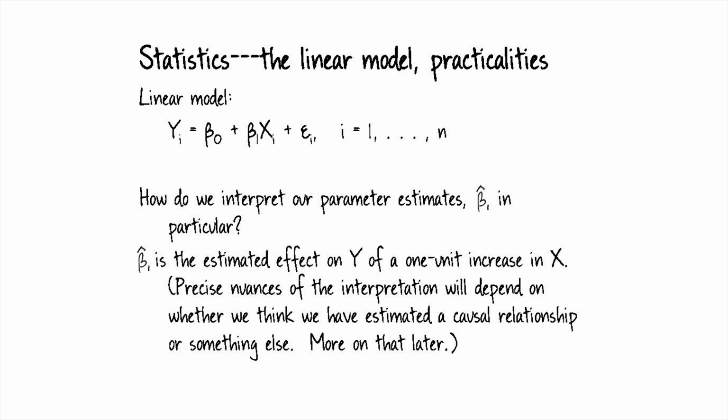The precise nuances of the interpretation depend a little bit on whether we think we've estimated a causal relationship or something else. So the language you might use could be a little different, but this is the basic idea. This is how we interpret what beta 1 hat means.